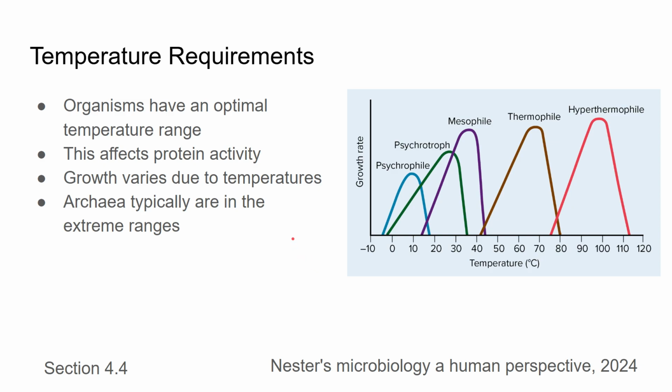Bacteria or any other organism will have changes in their protein activity depending on the difference in temperature. So different proteins will have an ideal temperature and acidity level. So if you have fluctuations in temperature, these proteins won't be as active, so growth can slow down.